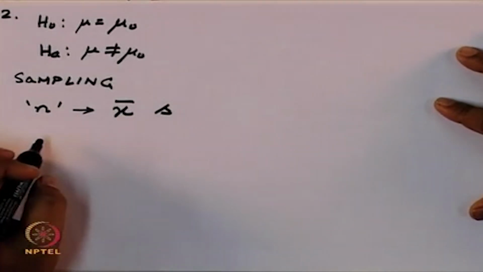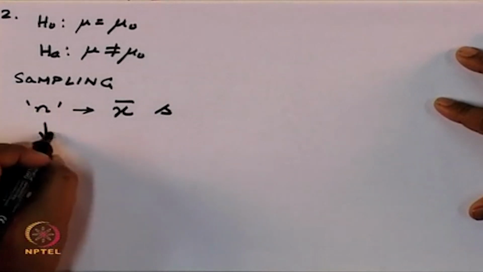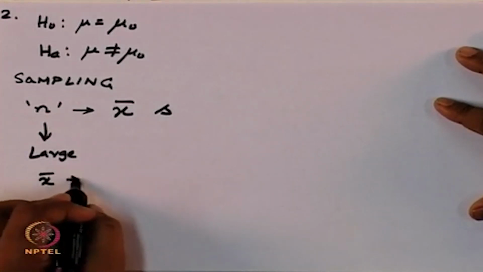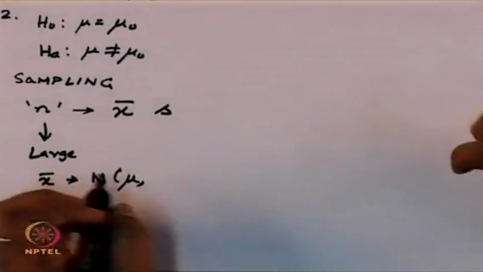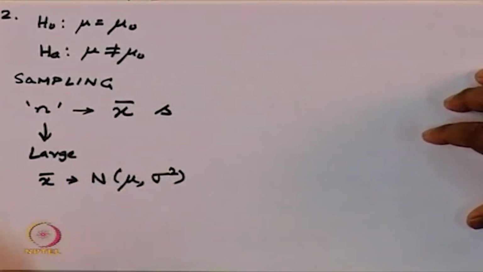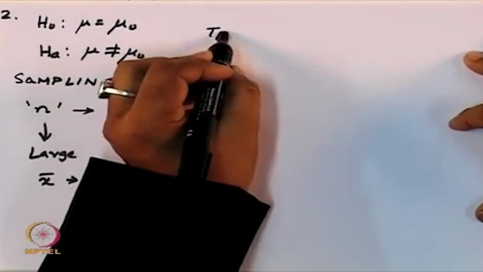Now, what you know from central limit theorem is, if your sample size is large, then x bar follows normal distribution with mean of mu and variance of sigma square by n, if this was the population. So, I can compute a test statistic.